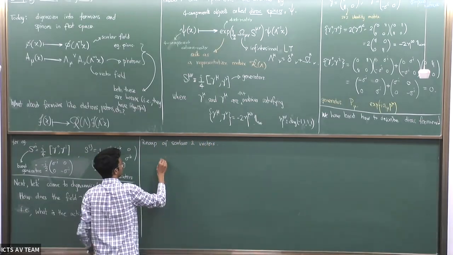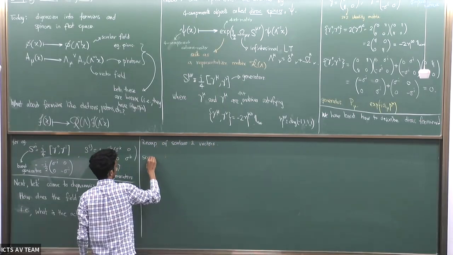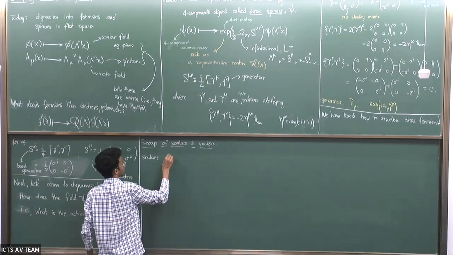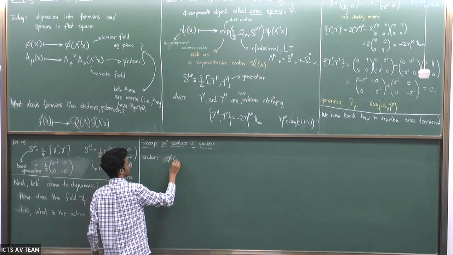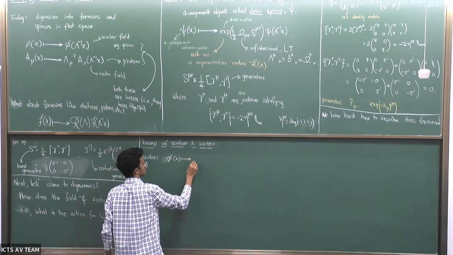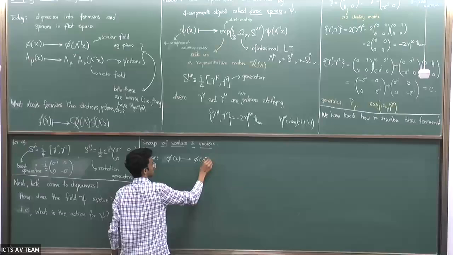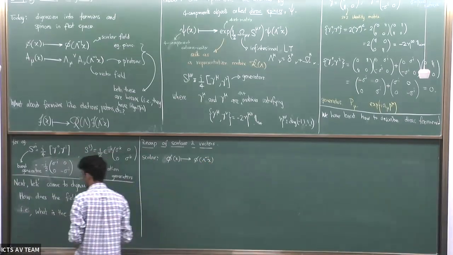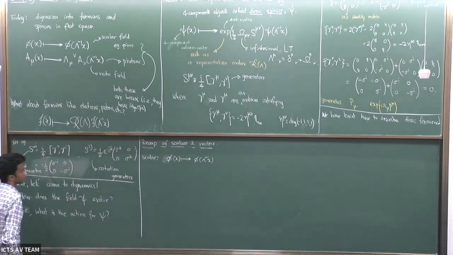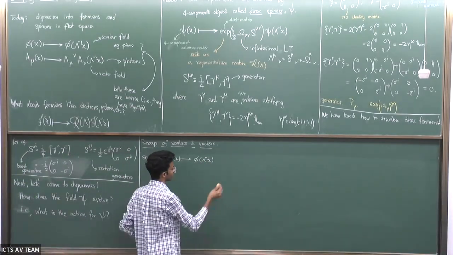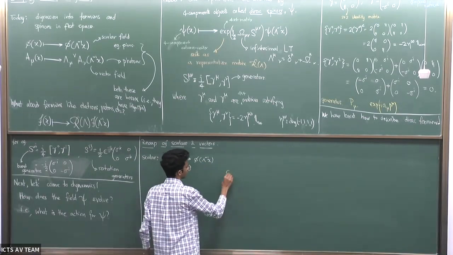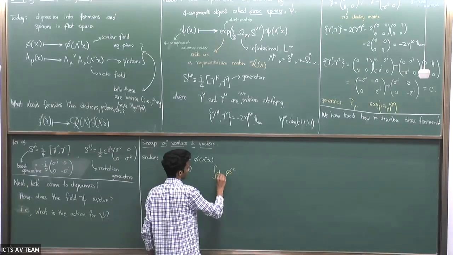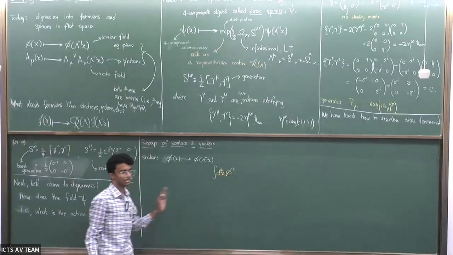In the case of a scalar, you know that phi of x transforms as phi of lambda inverse x. Now, writing the terms permissible in the Lagrangian: if I write down phi squared and integrate over all space, this is clearly invariant.